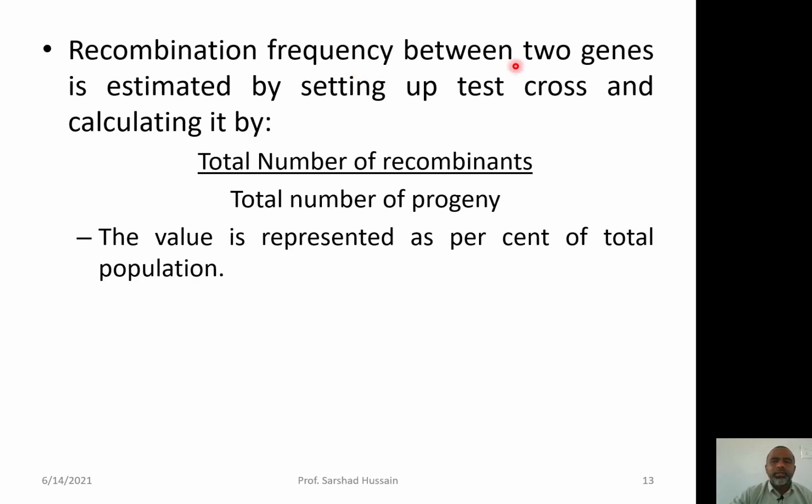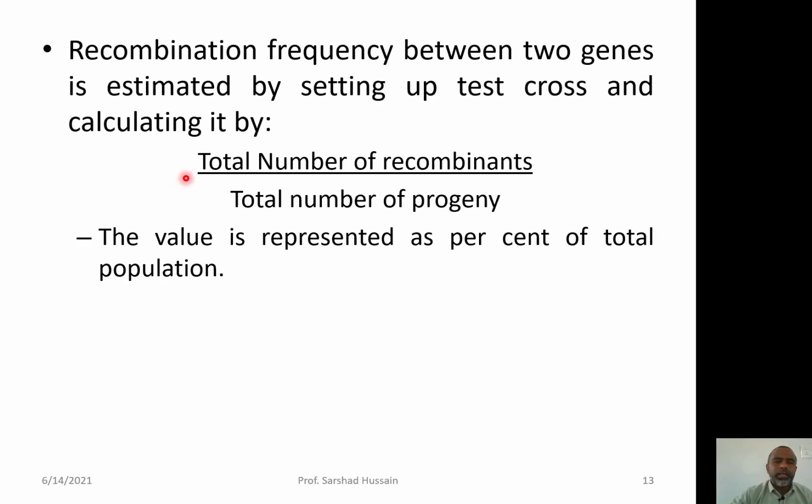Recombination frequency between two genes is estimated by setting up a test cross and calculating from it. When you cross your F1 hybrid, your next generation hybrid, with the recessive parent, it is called the test cross.